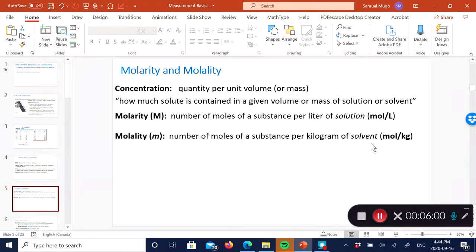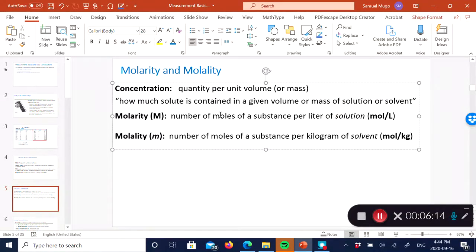Now, you would wonder, why would we need to differentiate these two types of methods or units of calculating concentration? Take note of this. The molarity is volume dependent, and volume is dependent on temperature.